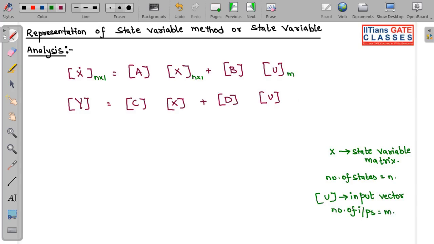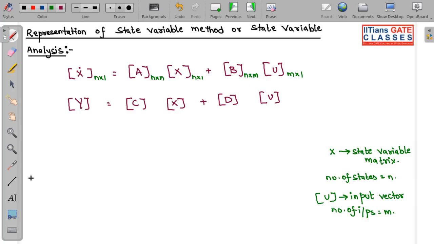So this is m cross 1. Now if this is n, then A has to be of order n cross n, and B should have order n cross m, to keep the equation satisfied.